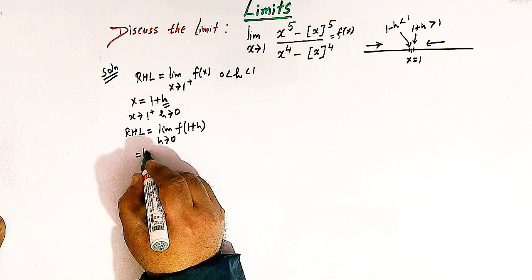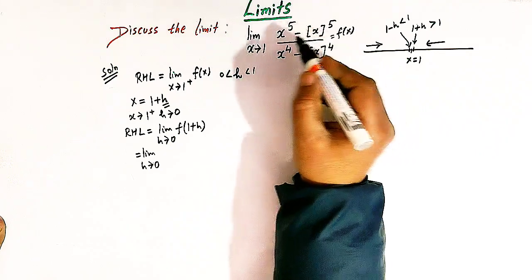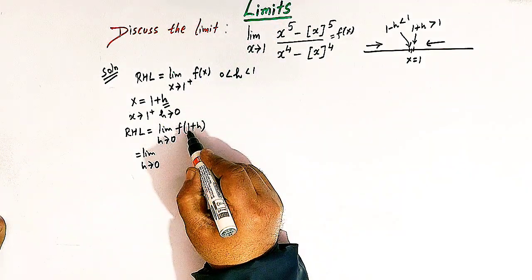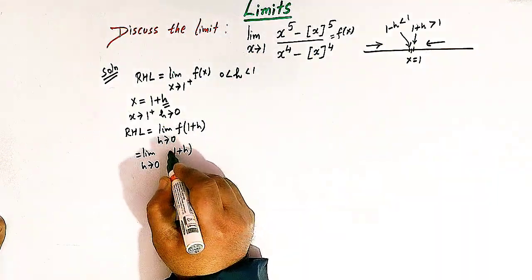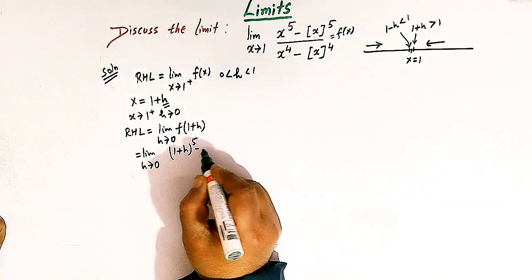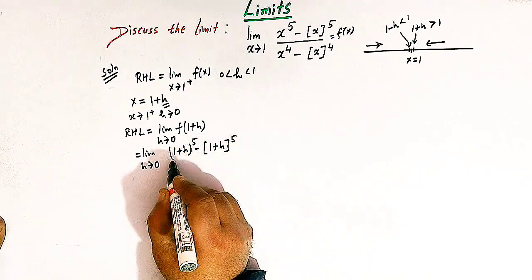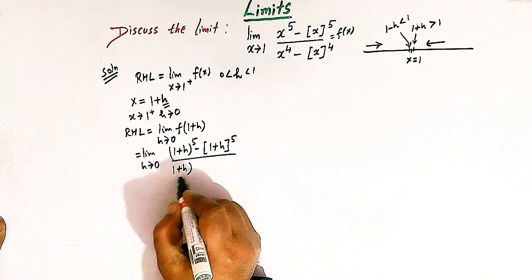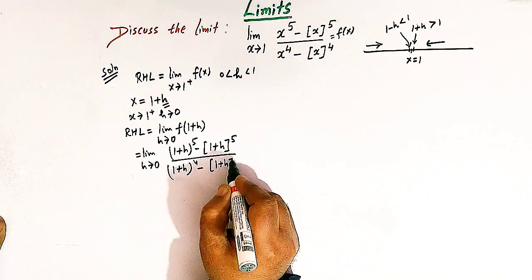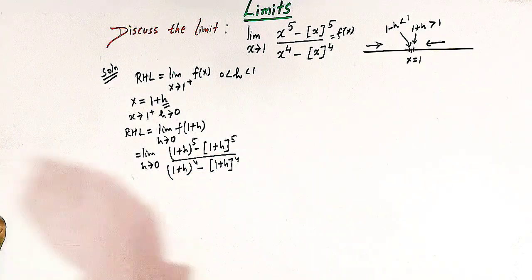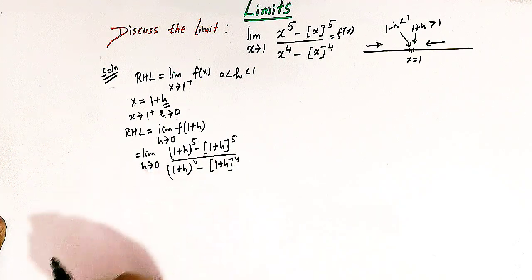Let us find the value of f of 1 plus h by replacing x by 1 plus h. So we have 1 plus h raised to 5 minus greatest integer of 1 plus h raised to 5, divided by 1 plus h raised to 4 minus greatest integer of 1 plus h raised to 4. Now we have to evaluate this limit when h approaches 0.